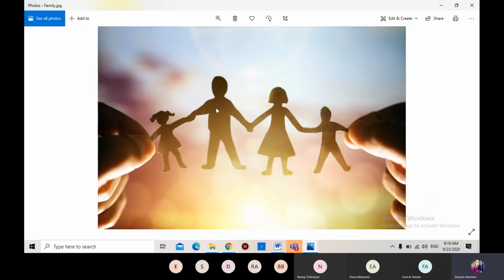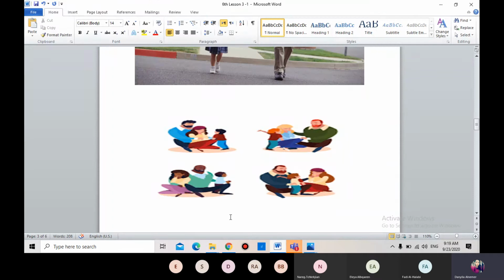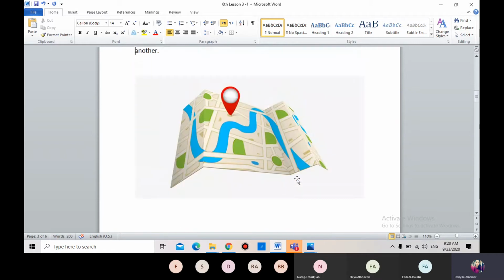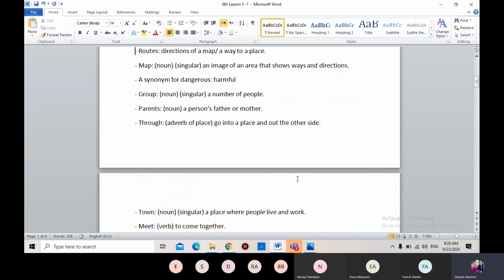So those are parents, one parent, okay? But when we say a group of parents, these are a group of parents because they are more than one pair. This is a pair, this is a pair, and this is a pair, and this is a pair. Okay? So far, is it good now?